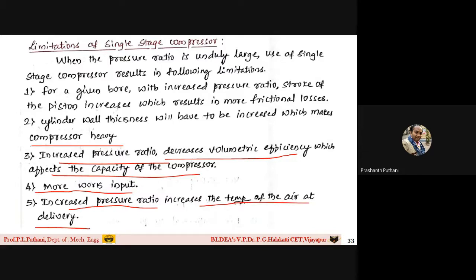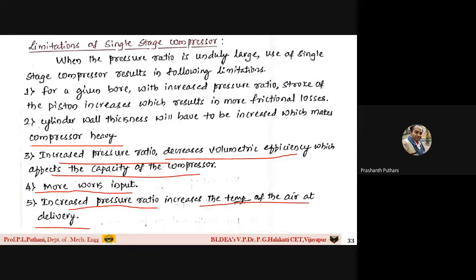Many times you have experienced this. When you are filling air for your vehicle, the air is compressed and filled into your tire tubes. The temperature of the compressed air is more than the temperature of the atmospheric air. Why? Because of the increase in the pressure ratio.